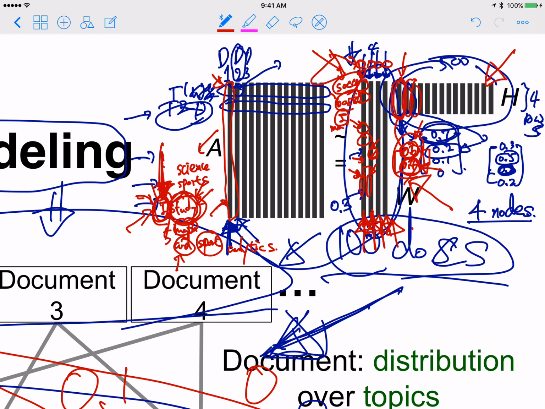For each generation, we go through the sampling process of picking a particular topic with this prior distribution, and that way we can compute the overall likelihood function, and we want to maximize this likelihood function.